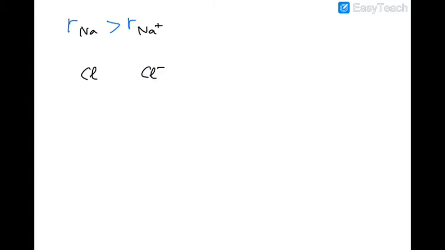Therefore, in this case, due to such repulsion, the radius of the Cl atom will actually be smaller than the radius of the Cl ion. So it goes for cation, normally the radius will get smaller than the atom, while for anion, the radius will get bigger compared to the atom.